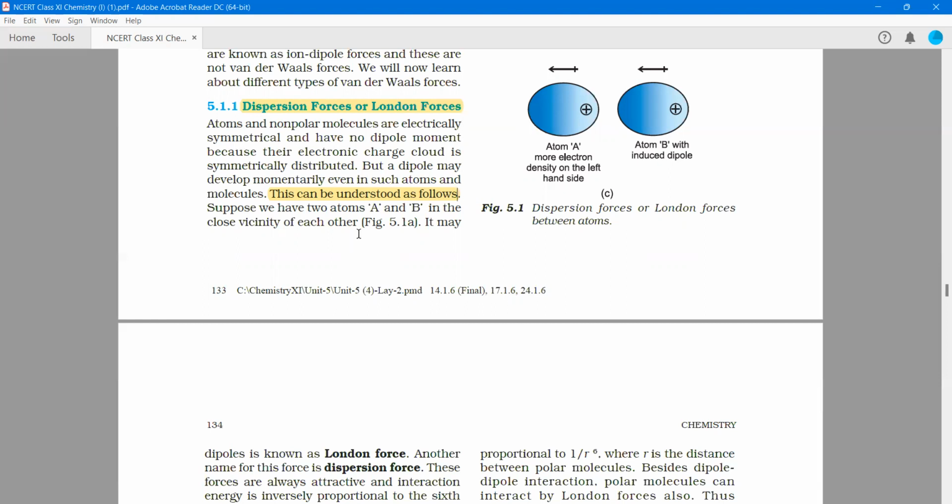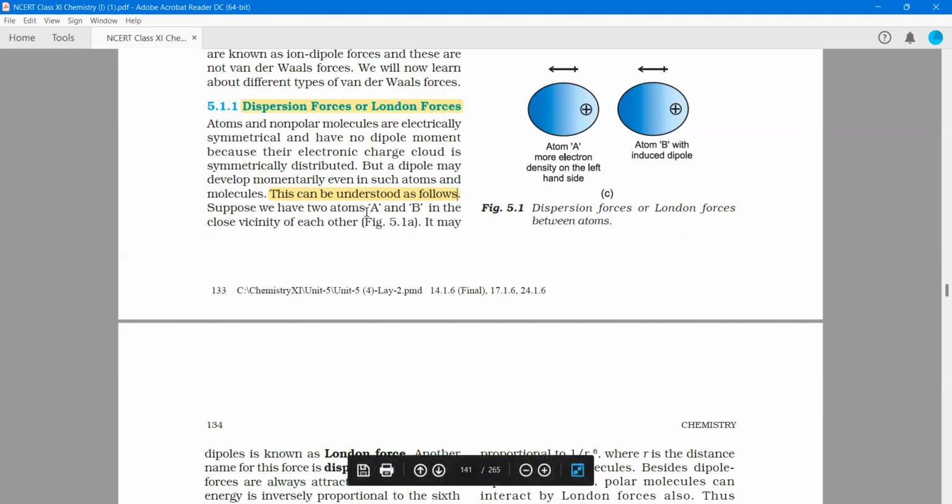If you have symmetrical charge distribution, there is no dipole, so there will be no force. So in order to have some force, you need a momentarily developed dipole for that period of time. Let us understand what that is.